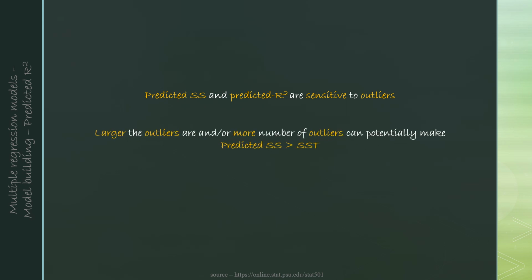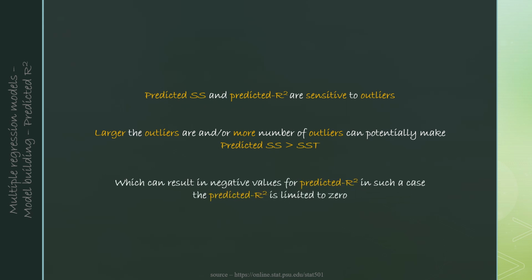Larger outliers and/or more outliers can potentially make predicted sum of squares even greater than the total sum of squares, which can result in negative values of predicted R-square. In such a case, the predicted R-square is limited to 0.